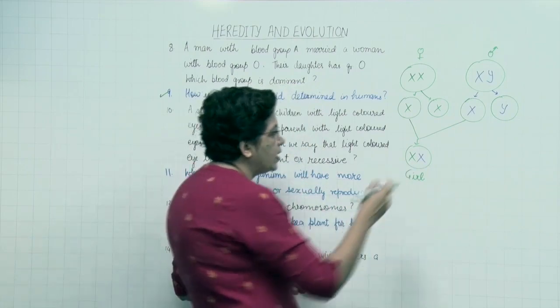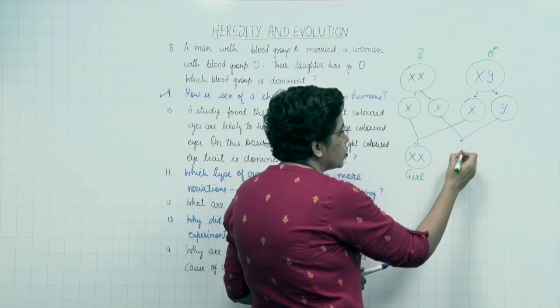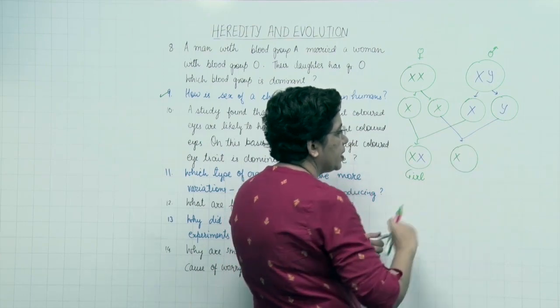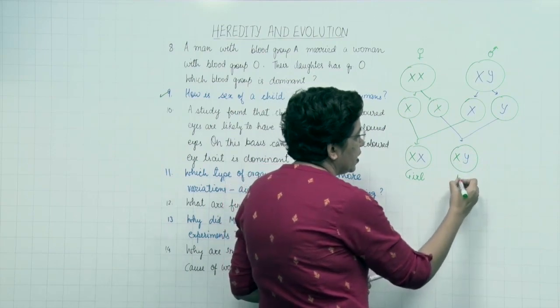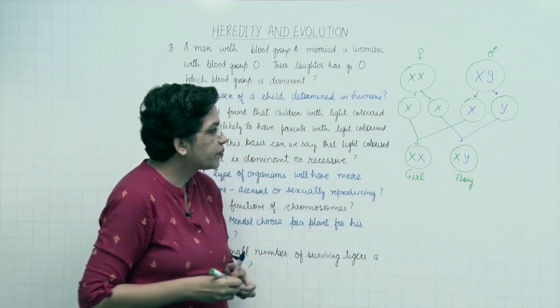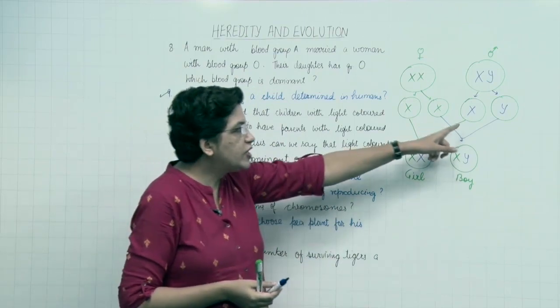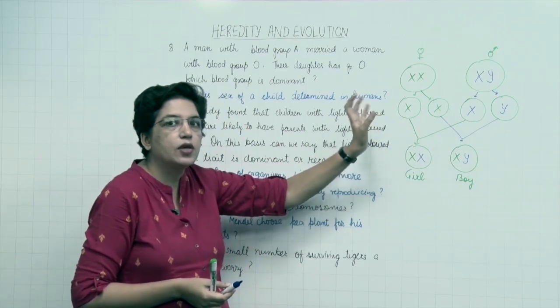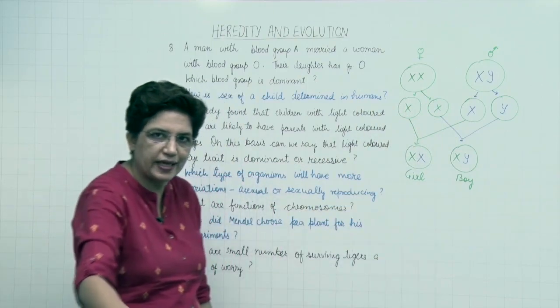Okay. But if this X fuses with the Y chromosome, so X from the mother but Y from the father, it will be a boy child. Okay. So, the sex of the child depends upon which sperm actually fuses with the ovum during fertilization. I hope it's clear to you.